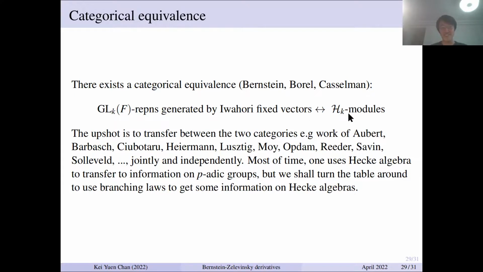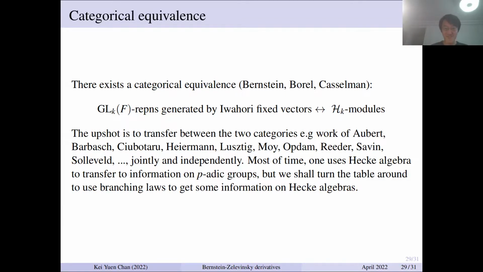This is a very interesting affine algebra business, because you can transfer information between those things, and there is some work by Barbasch, Moy, Heiermann, Opdam, and Gordon. Of course, most of the time they try to transfer the information from Hecke algebra to p-adic, because the Hecke algebra has some good explicit structure, like the commutative subalgebra.